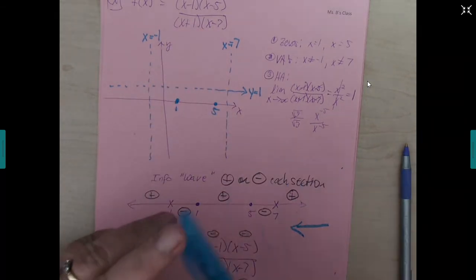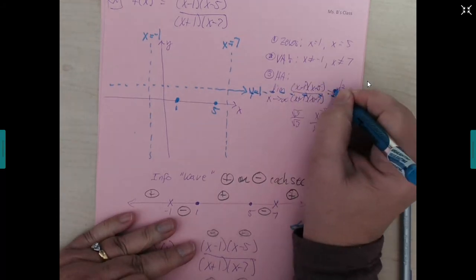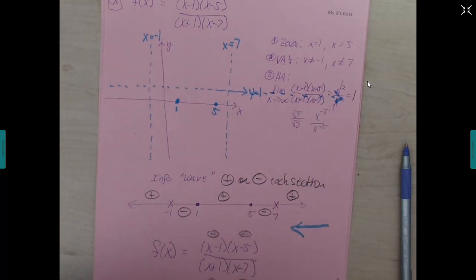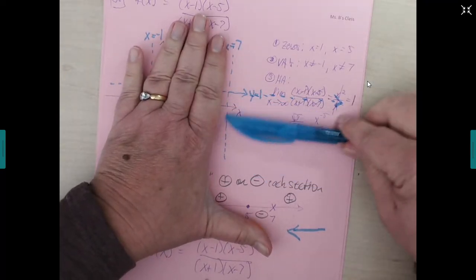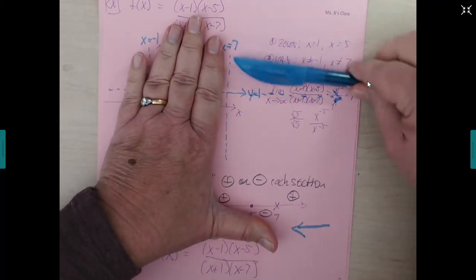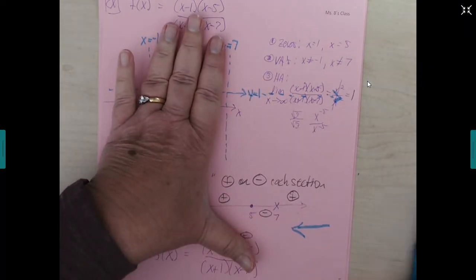So you've got this asymptote, this horizontal going here, would actually keep going, right? Okay, so which section would be more positive? This one or this one? This one up here, right? That's positive because of that.